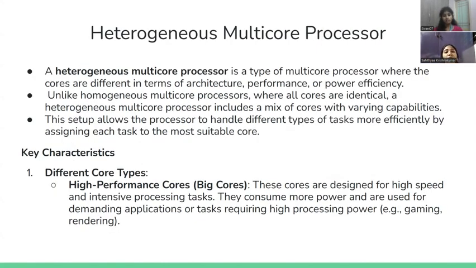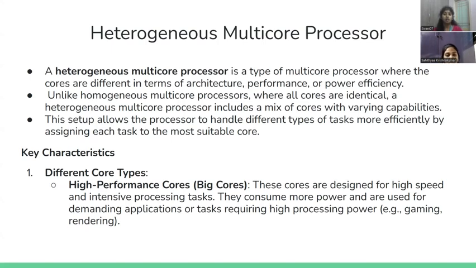The next topic we have is the heterogeneous multi-core processor. A heterogeneous multi-core processor is a type of processor that includes different kinds of cores on the same chip. Unlike the homogeneous multi-core processor, where all the cores are identical, a heterogeneous setup mixes cores with various performance and power characteristics.